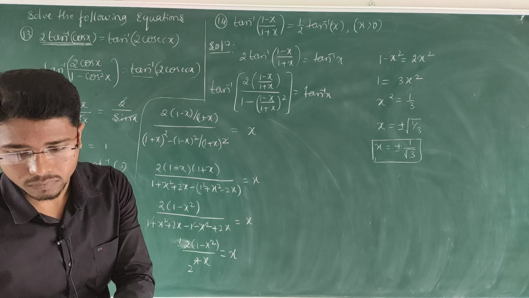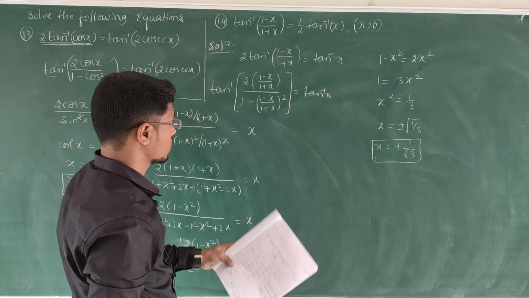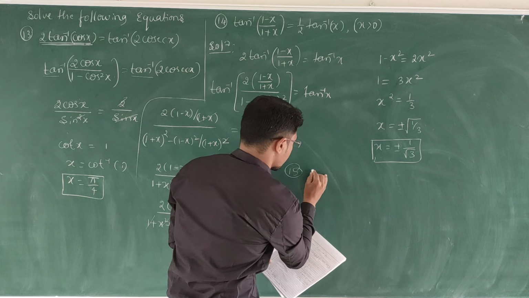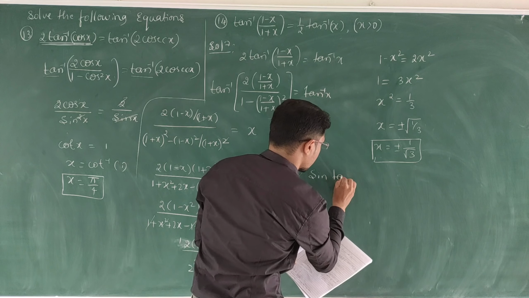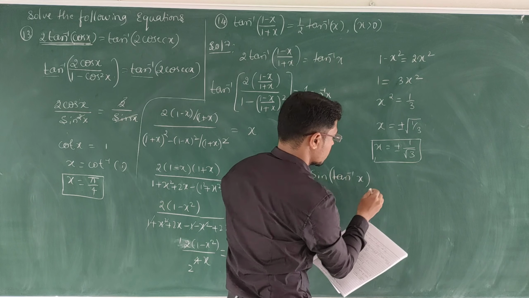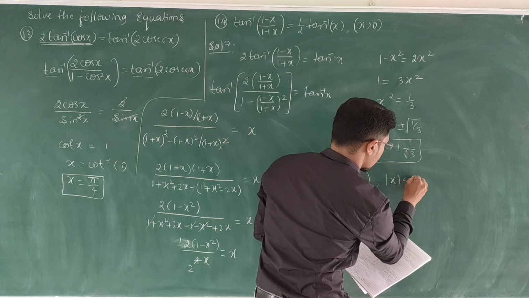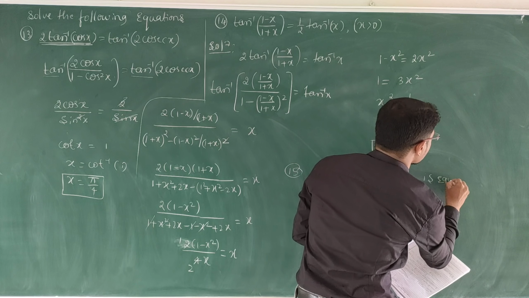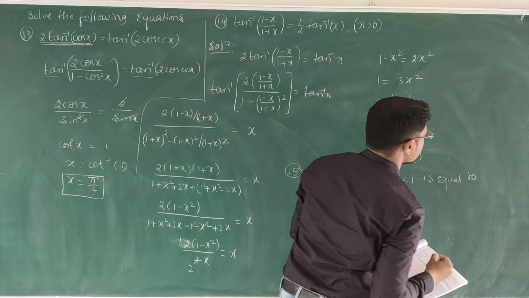Next is the 15th question, question number 15. Sin of tan inverse of x, where mod x is less than 1, is equal to.